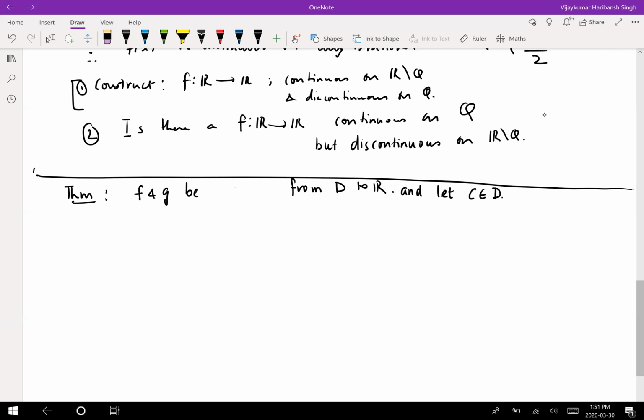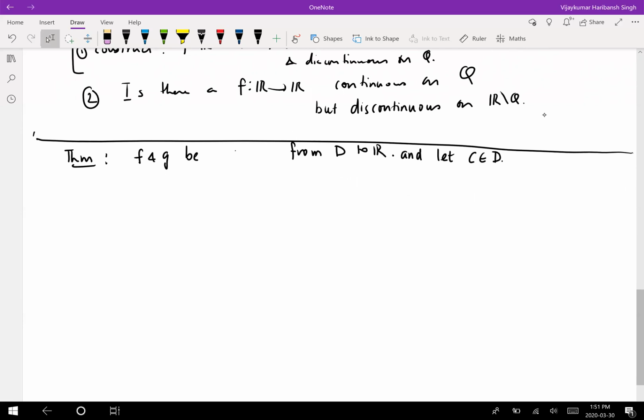The idea is that a function is continuous on its domain if it is continuous at every point inside. And by that, we mean at the endpoints, if it is a closed interval, it should be left or right continuous based on where they lie. Okay, so we'll come to that.